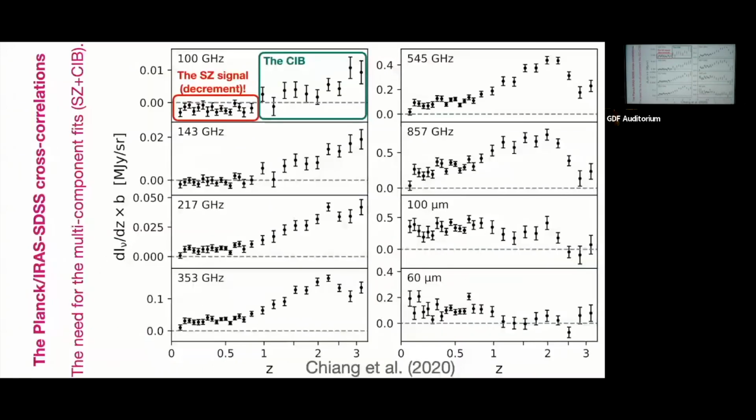And then here is the extracted signal. So you see that the x-axis is now redshift. And if you look at 100 gigahertz, where intensity should be negative due to the Sunyaev-Zeldovich effect, it's negative as promised. But as you go to higher redshift, somehow it's no longer negative. And this comes from the contribution from dusty galaxies that are emitting.